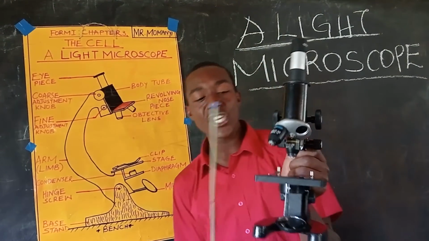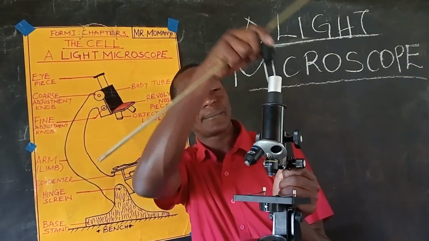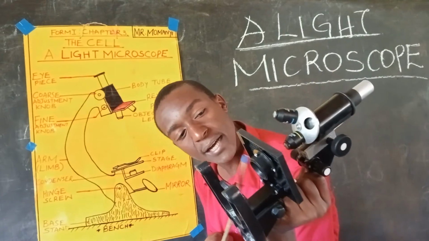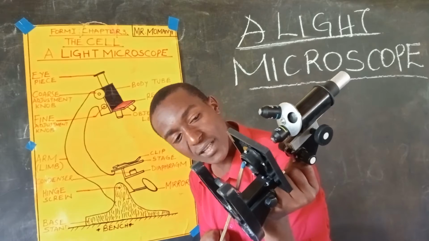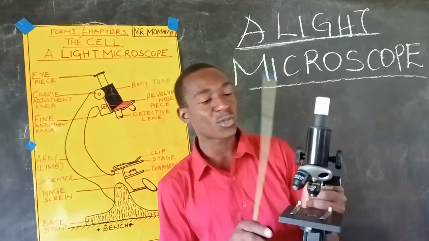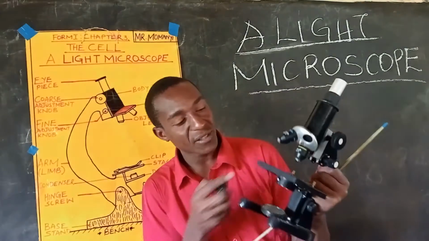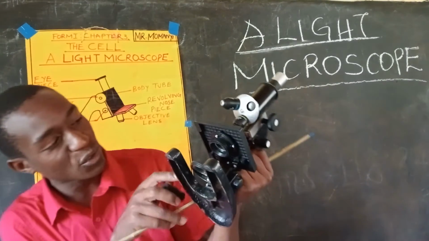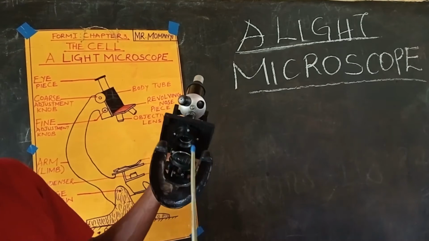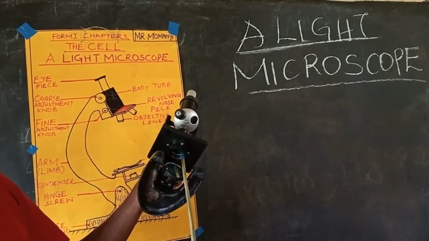Below the stage, there is the diaphragm. Below the stage, there is this aperture here. It is an opening. This is the diaphragm. I hope my camera can see that. Let me turn the mirror a little. This opening here is what we call the diaphragm.